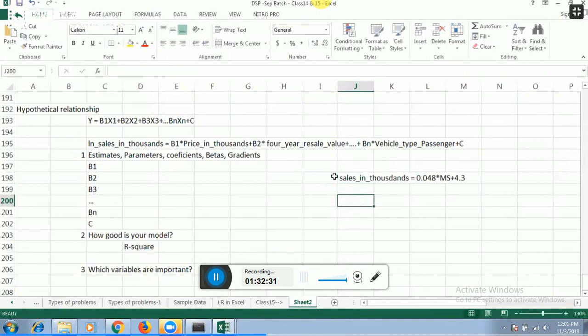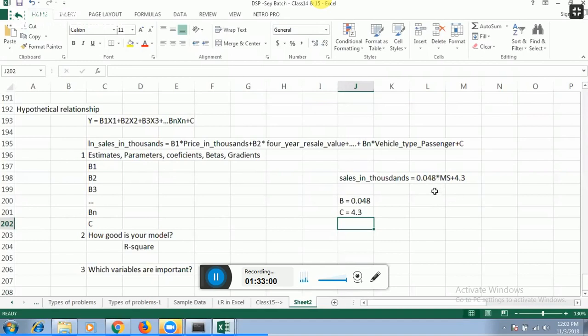Now what does this mean? In this case, beta value is 0.048 and C is nothing but 4.3. So you remember the interpretation of the beta. If I change 1 unit of my marketing spend, what is the change in sales? Suppose I increase 1 rupee in my marketing spend, how much increase in the sales?